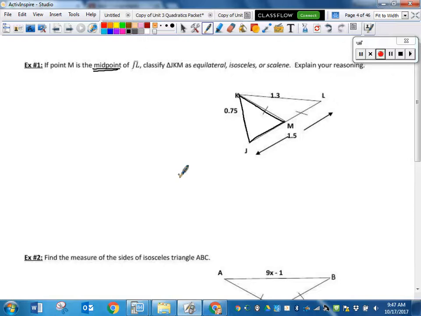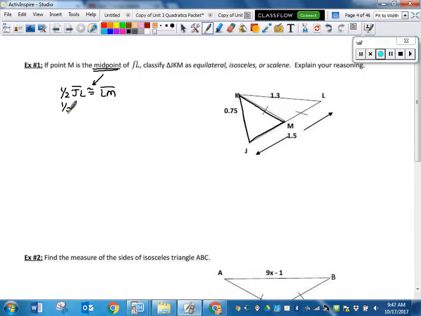Explain your reasoning. Okay, so listen, forget what you're trying to get. Just think about what you're given. What am I given and how can it help me? What does knowing the midpoint do for me? Well, based off the midpoint of JL, I know that half of JL is equal or congruent to LM.